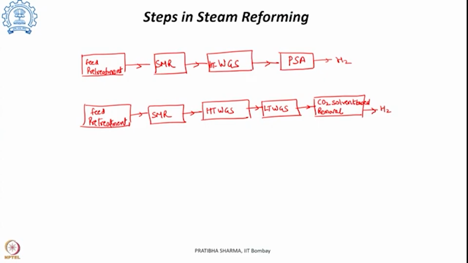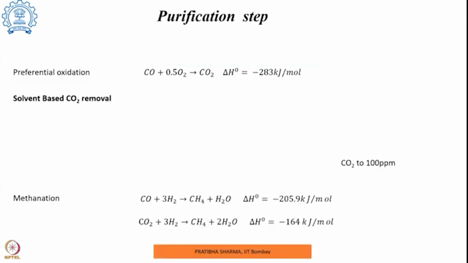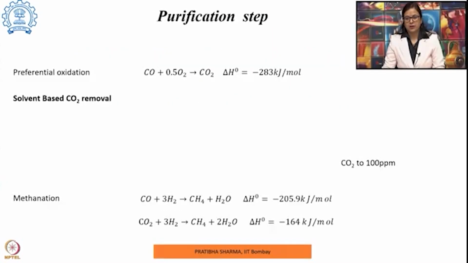So, if solvent based carbon dioxide removal method is being used, in that case we know that from the low temperature water gas shift less than 1% of carbon monoxide is left, and that can undergo preferential oxidation to convert into carbon dioxide. Now various solvents are being used to remove the carbon dioxide formed, and the preferable ones are monoethanolamine.